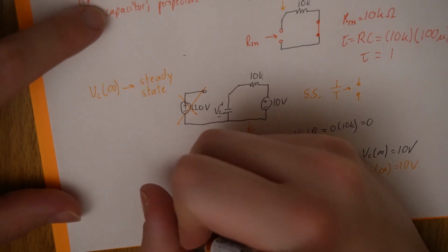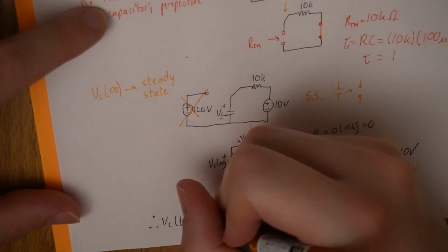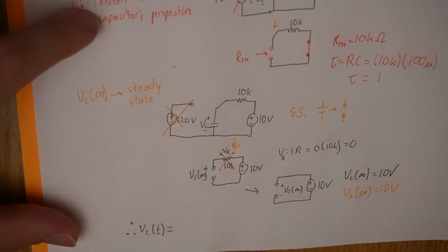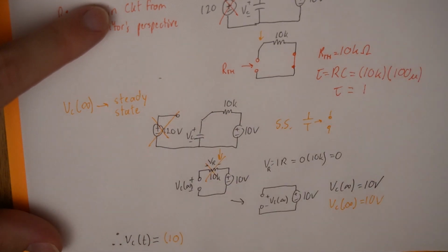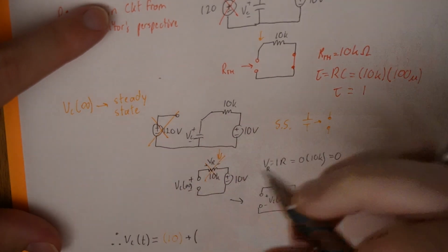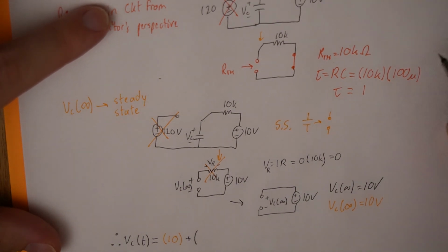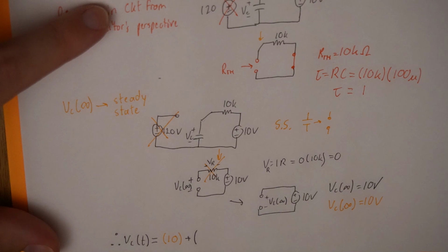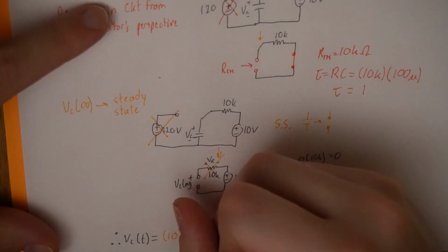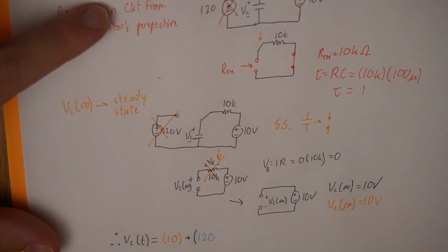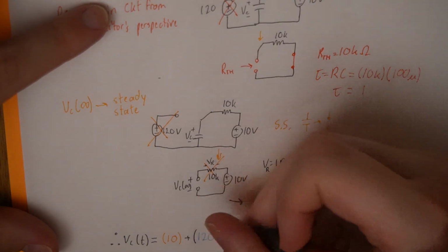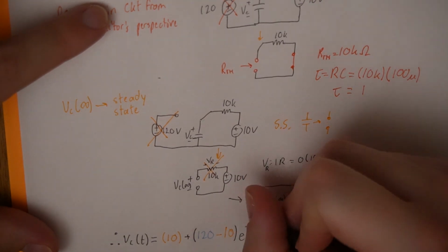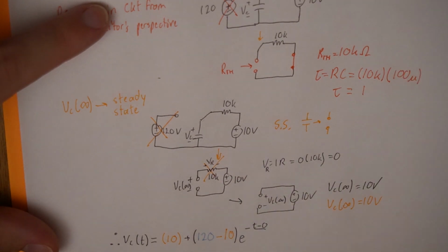So therefore, VC at t equals, the first one is VC at infinity, so 10, plus bracket VC at t naught, or VC at 0, which is 120, 120 minus VC at infinity, minus 10, e to the negative t minus t naught, which we found to be 0, over tau, which we found to be 1.